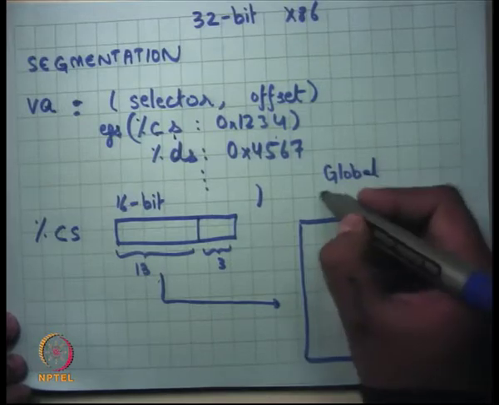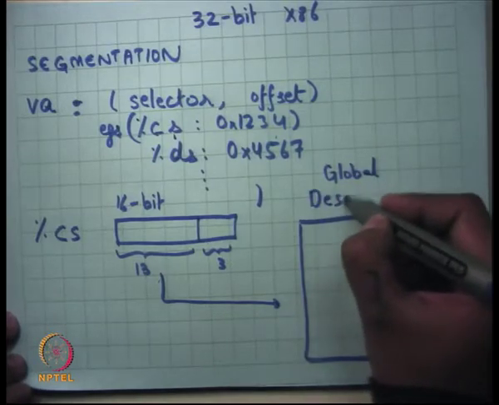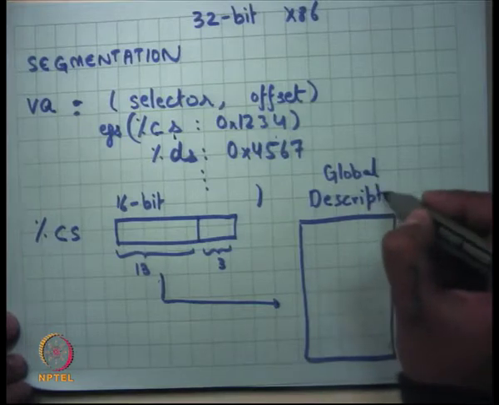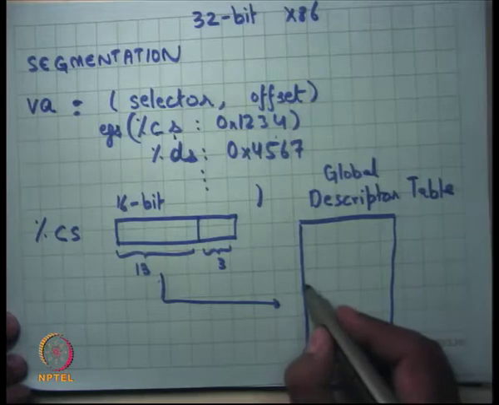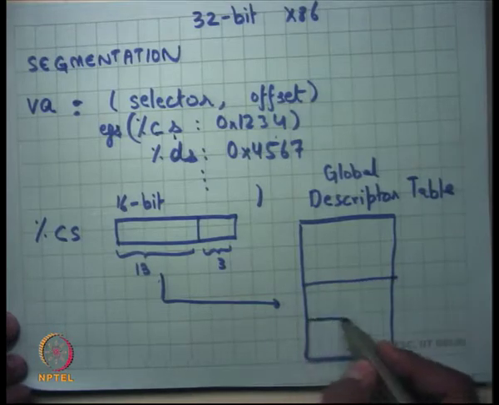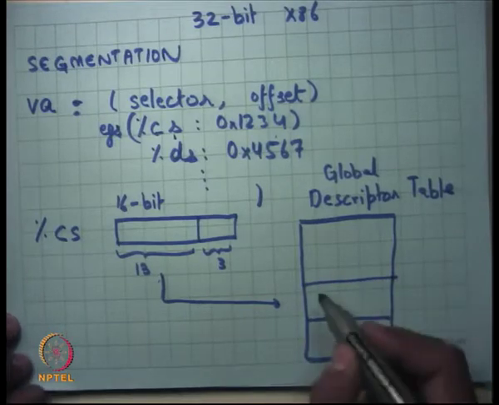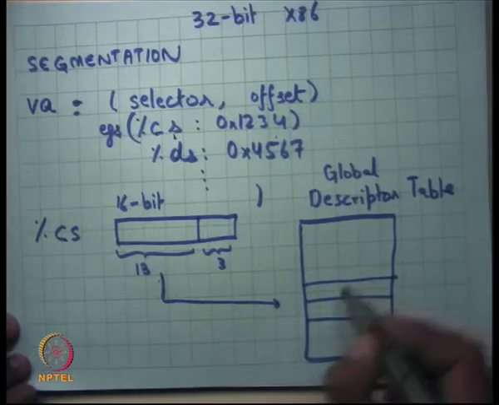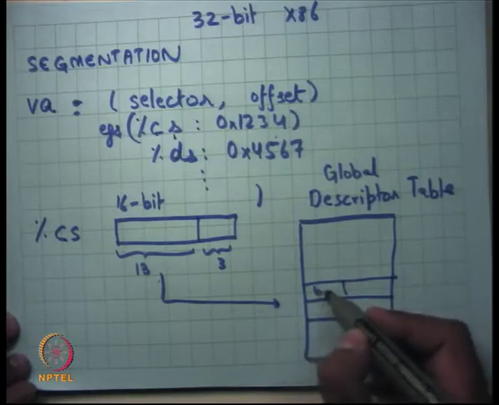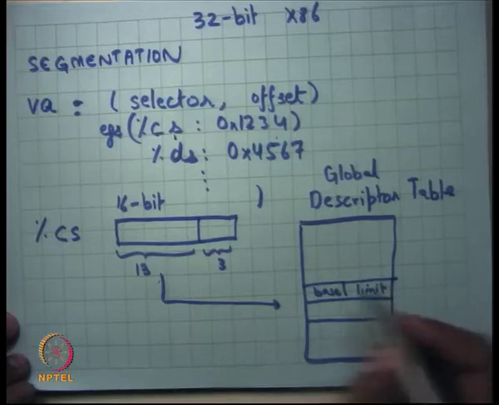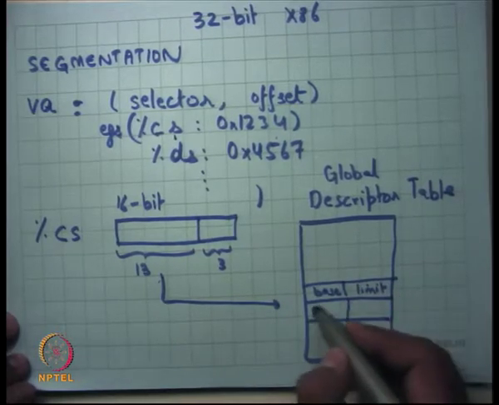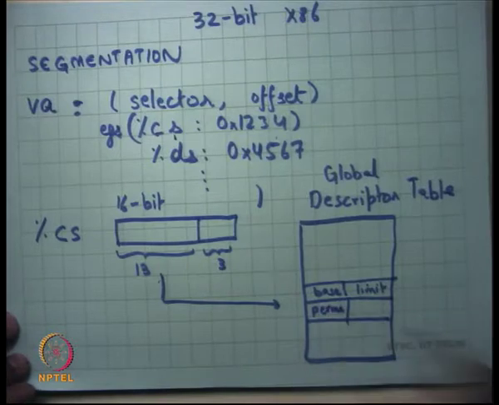Let us say it is a global descriptor table. Into an entry which contains things like base, limit, permissions, and so on. All right.